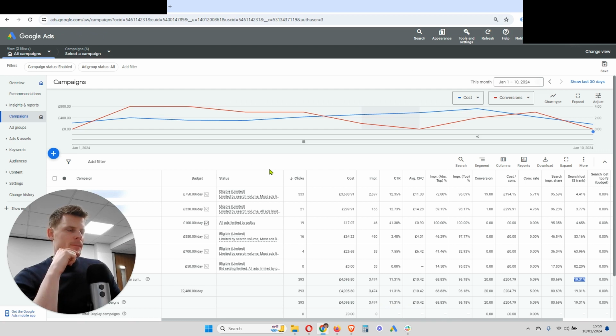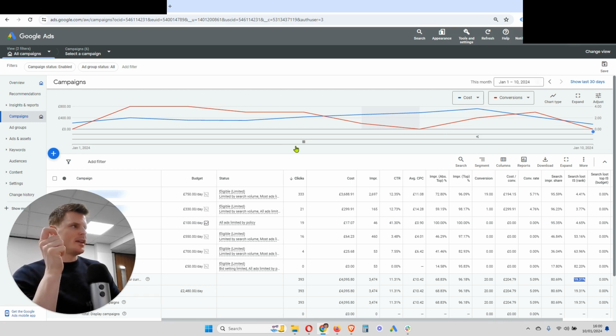So if we go back to our data, we can see the results of making that change. Has it helped? And should we continue with the new settings? We've got some early performance to give us an early indication of the answer to that question, because ultimately we're testing here, and we're never going to know at the beginning, before we've tested those settings, what the outcome is going to be.